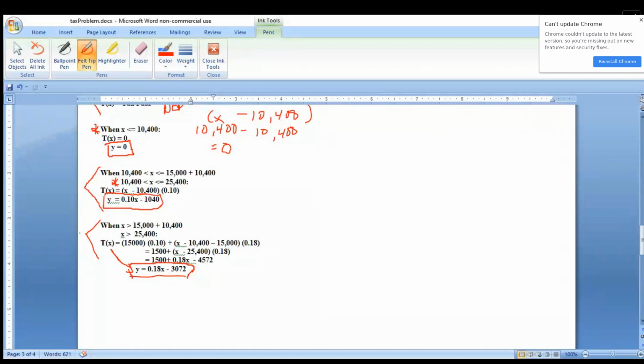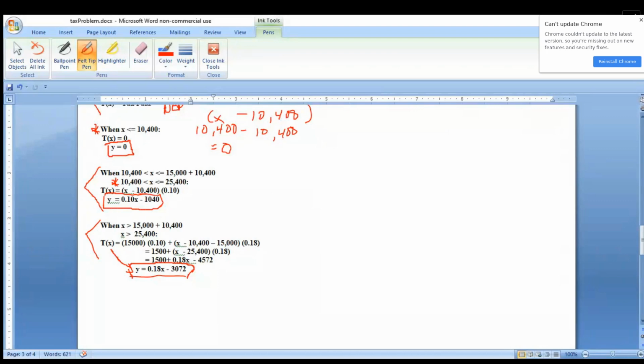So let's just make sure. Yes, we said it's only true up to 25.4. And then the third scenario, when your total income is greater than 25.4, this green line is your tax, and you can see how it increases because you're making more money. And this is the equation then that you would be using.